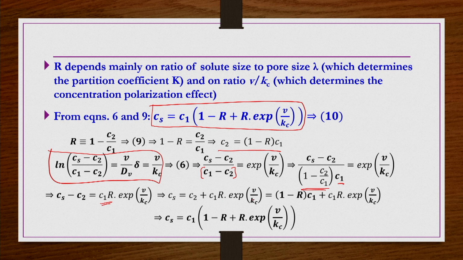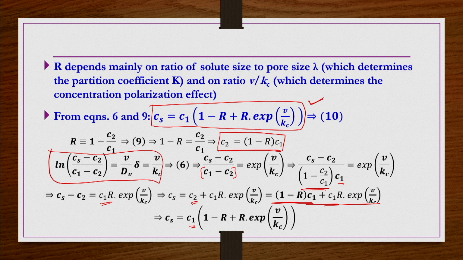That is, Cs equals C2 plus C1 R exponential V by Kc. From equation number 9 we can also write C2 as (1 minus R) C1. So in place of C2 we substitute (1 minus R) C1, plus C1 R exponential V by Kc as it is. From these two terms, if you take C1 common, then Cs equals C1 multiplied by (1 minus R plus R exponential V by Kc). So this is what we get.